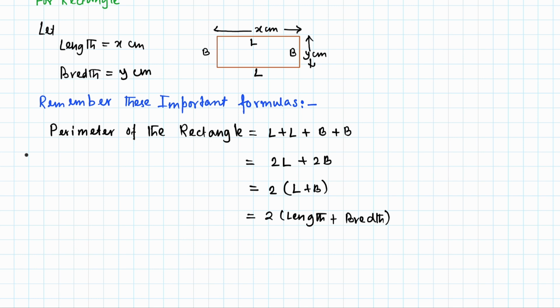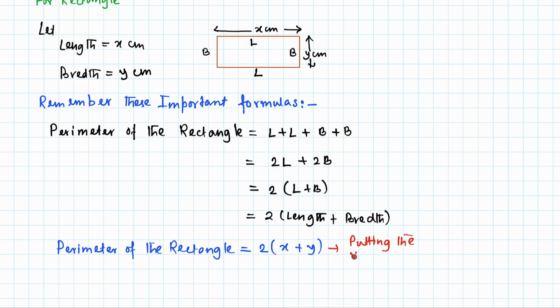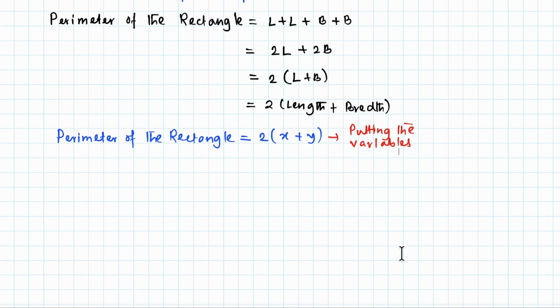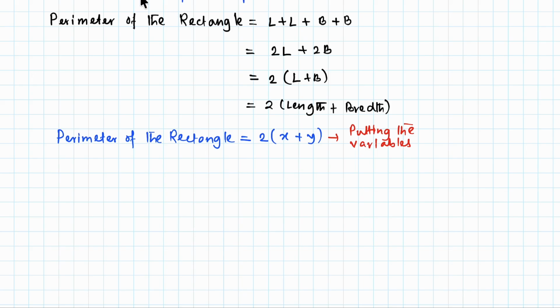This is the formula of the perimeter, and we have derived it. Now the perimeter of a rectangle in terms of the variables is 2 into (x plus y), because we have assigned length as x centimeter and breadth as y centimeter. So we put the variables in place of the dimensions.